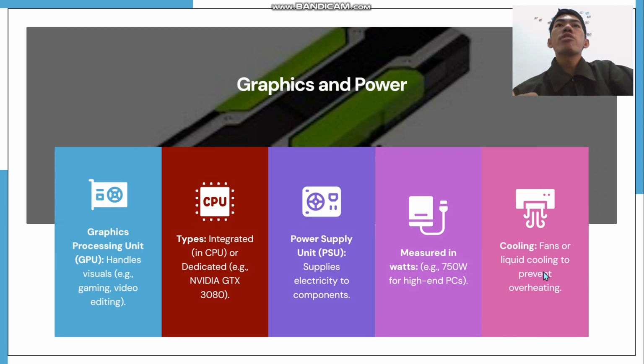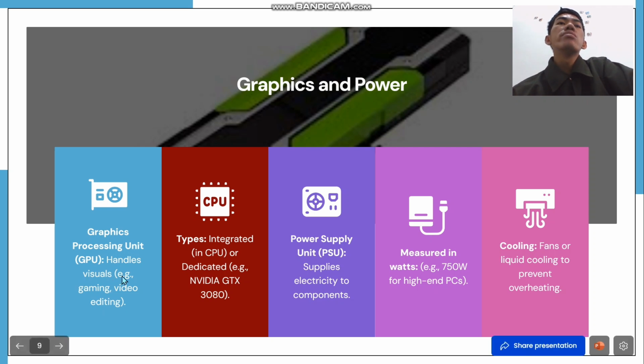So this is the graphics and power. The graphics processing unit or GPU handles visuals, for example for gaming and video editing. It is integrated in the CPU or dedicated, for example the NVIDIA GTX 3080.